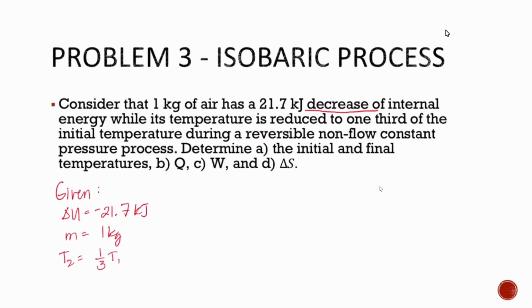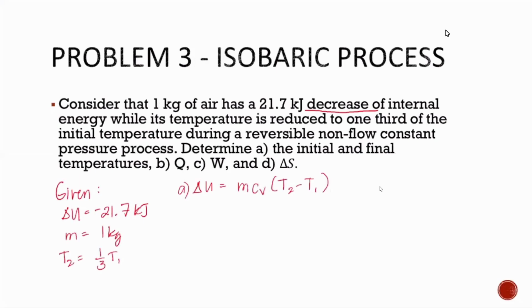Ano yung formula natin to find? Saan natin pwedeng makuha using equation or state relation ni delta U or the change in internal energy? Delta U is equal to M CV T2 minus T1.